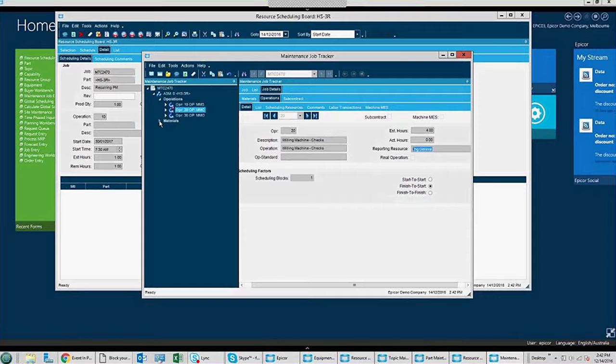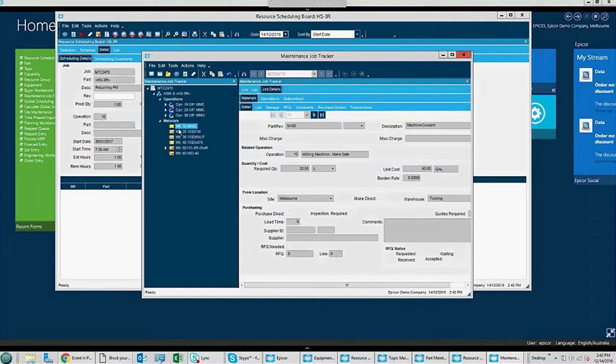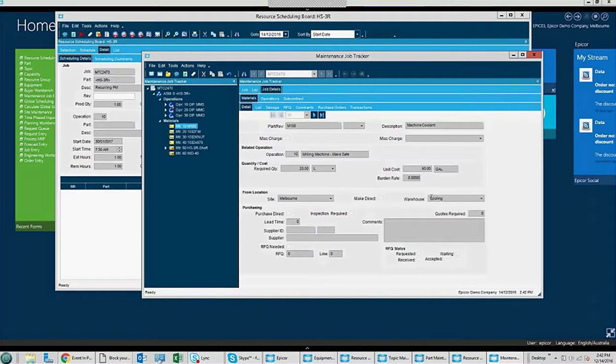Now, we said we look at product data management. We'll look at the materials. So if I'm looking at spare parts here, what I'm looking at is a list of materials that are required for the different steps. So I've got 20 litres of machine coolant that's required for the work.